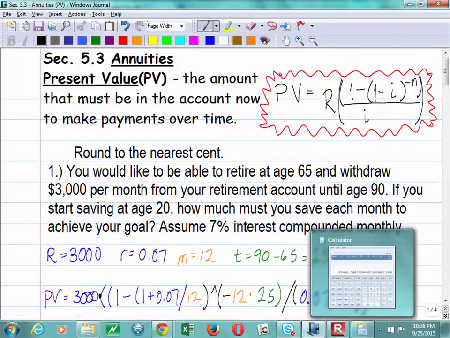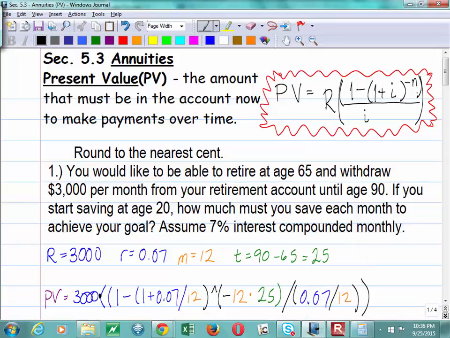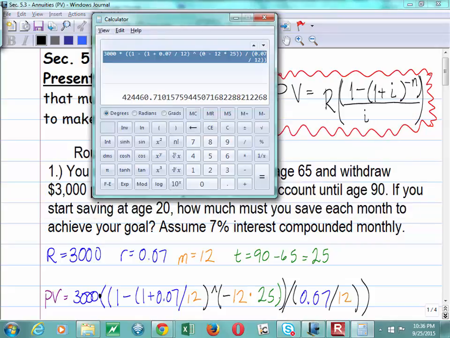I need to have this parentheses right here. Yeah, I forgot that one. We need that one here. Okay, and then once we put it in like that, we don't get a negative answer, so that makes more sense. So we got $424,460.71.